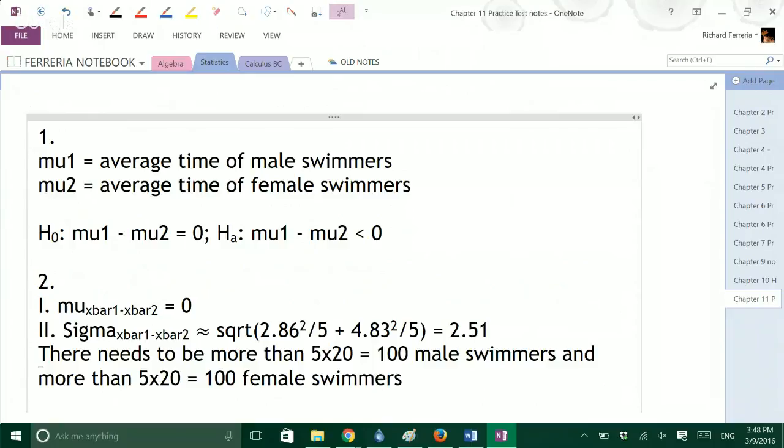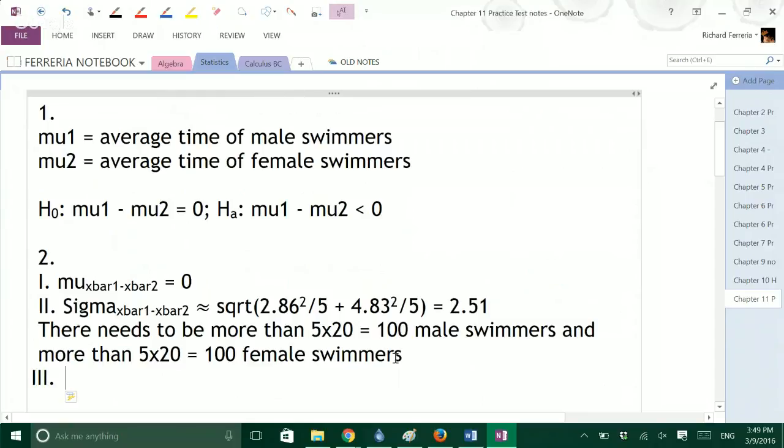Anytime you deal with mus. No, if you deal with the proportion, you don't have to. And 3, we have small sample sizes, we have small samples.